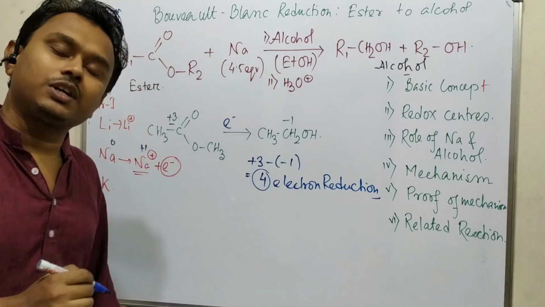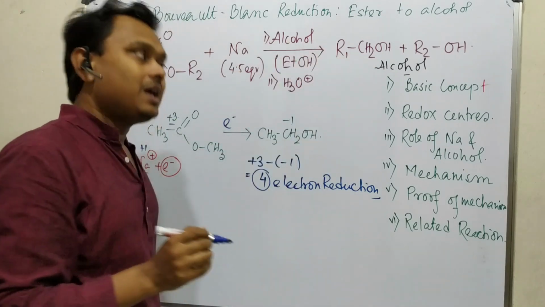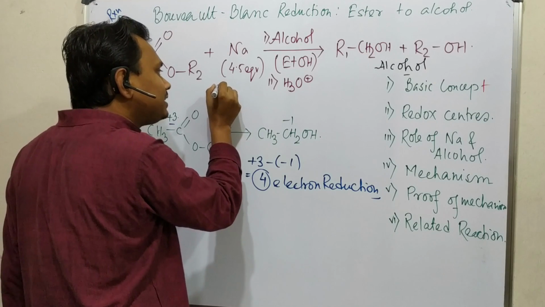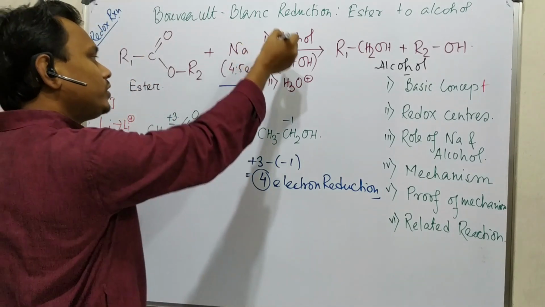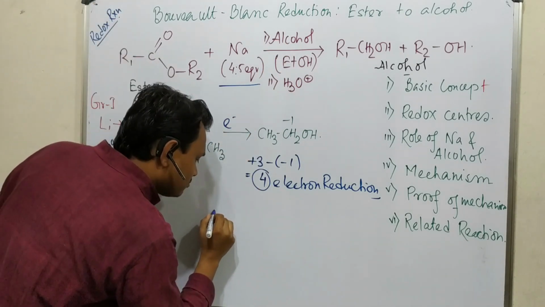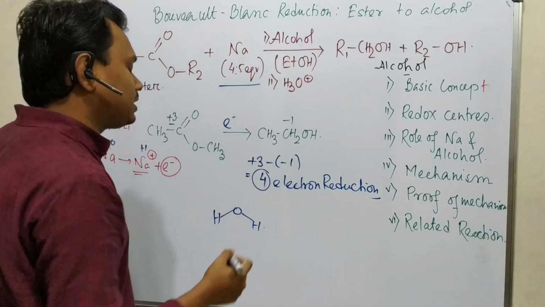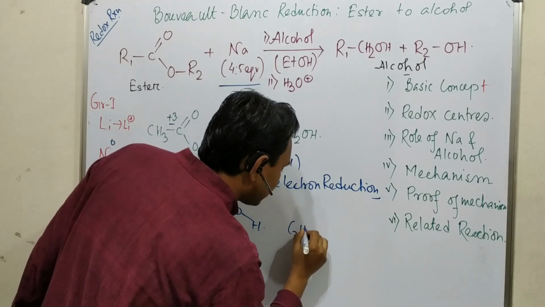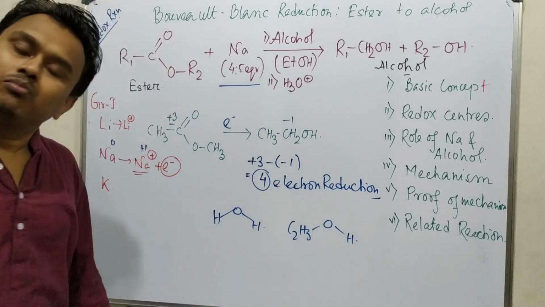These 4 electrons must be supplied by the sodium in order to have a complete conversion, and that's why 4 equivalents are essential. But why have I written 4.5? Because whatever solvent we use, there is some moisture, and water is the responsible factor. If you compare the reactivity of water versus alcohol, for example ethanol, water is more reactive, more polar.